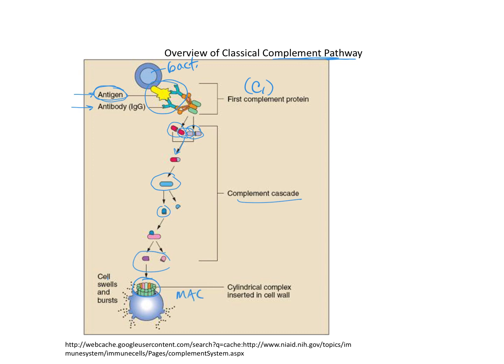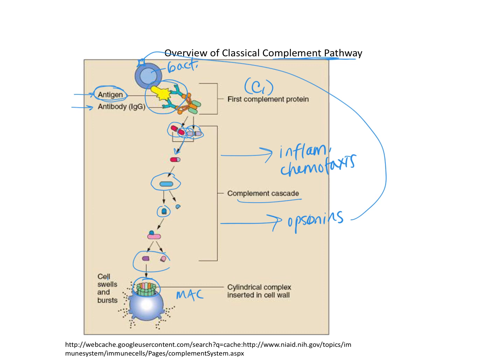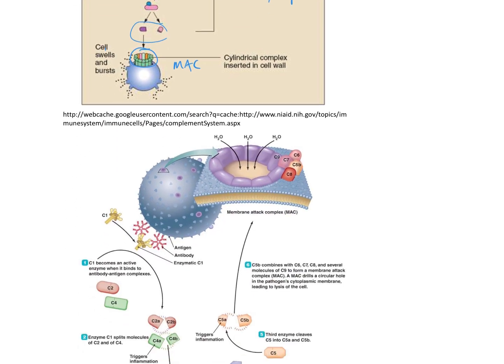All right, so some of these bits become important for the inflammation and the chemotaxis. And some of these bits actually are important opsonins. They are actually going to come back up here and bind to that bacteria cell so that some macrophage or neutrophil would be more likely to eat it. All right, so that's just a little overview.